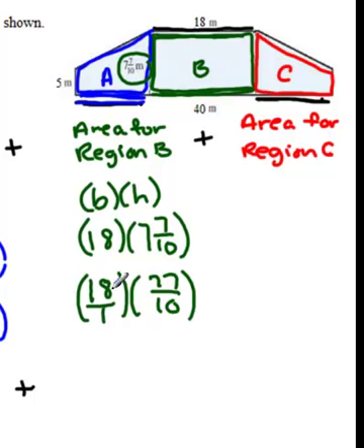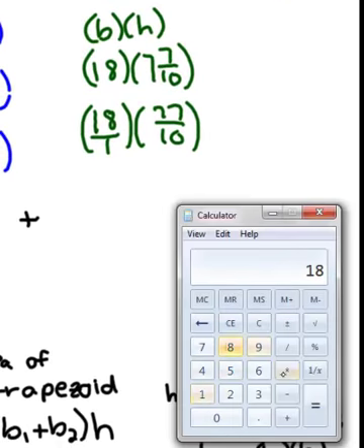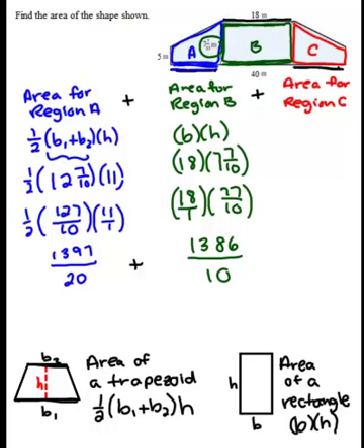We'll multiply straight across. I'm going to start off with 18 times 77 gets me 1,386. 1,386 over 1 times 10, which is 10. Almost done with my calculating.